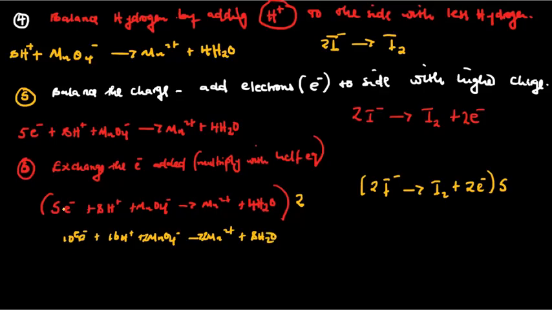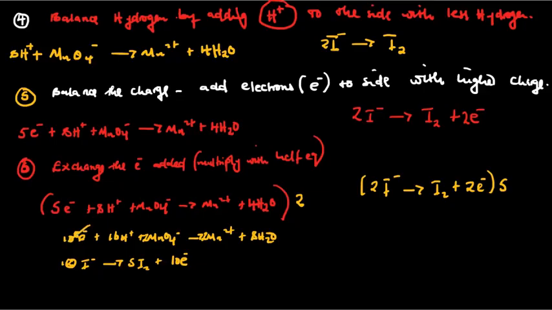Then the other equation will give us 5 times 2, that is 10 I minus, producing 5 I2 plus 10 electrons.